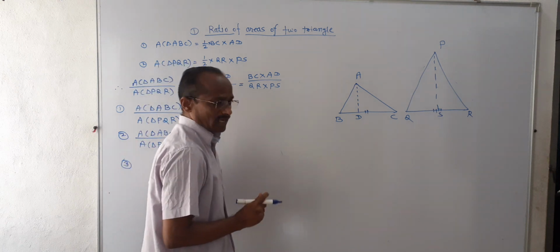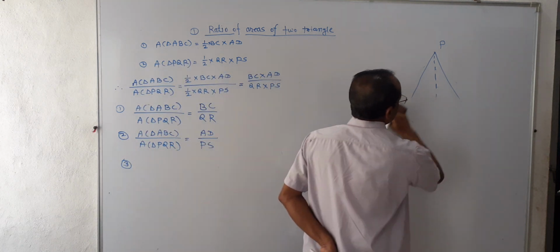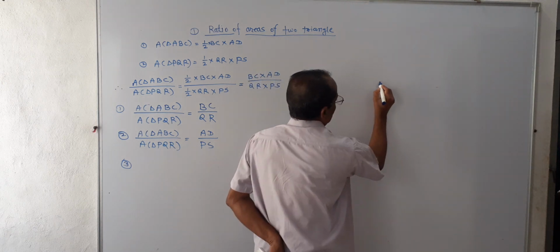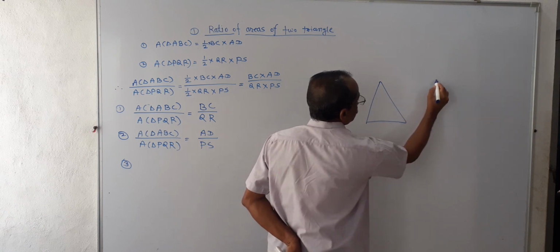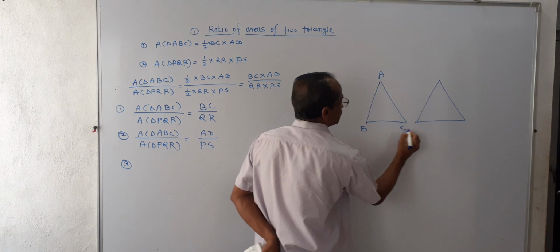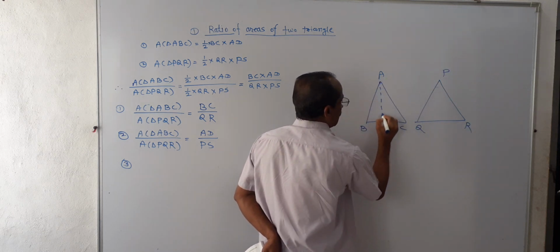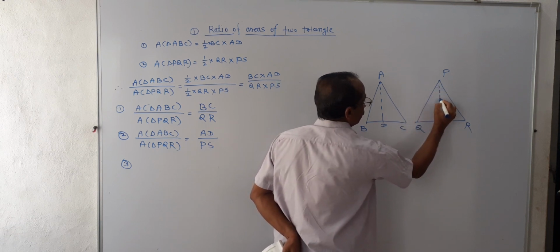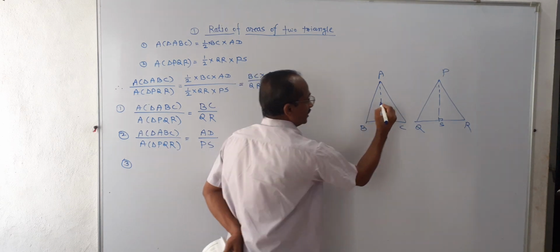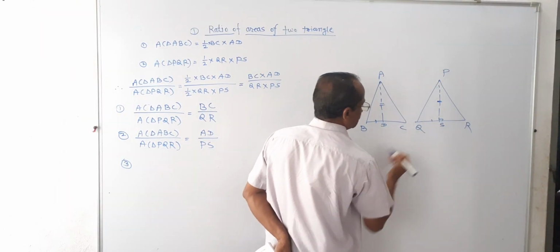One more case, for which both height and base are equal. Triangle ABC, triangle PQR, height AD of triangle ABC and height PS of triangle PQR, and the height is congruent and the base is also congruent.